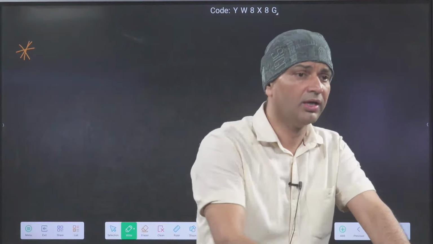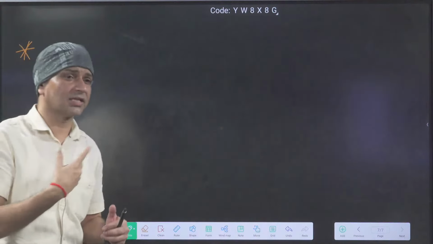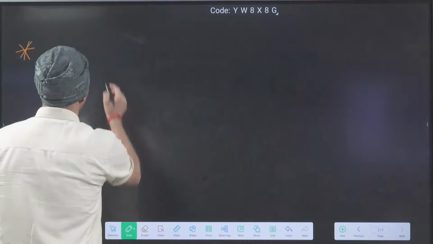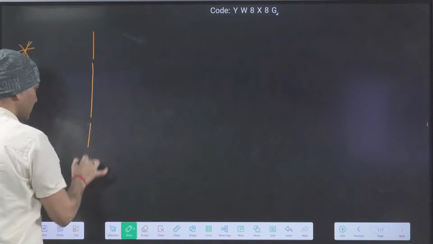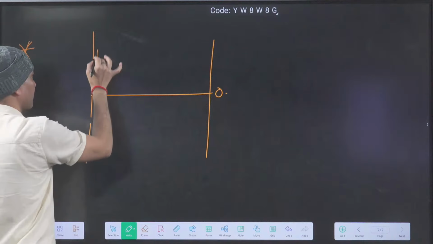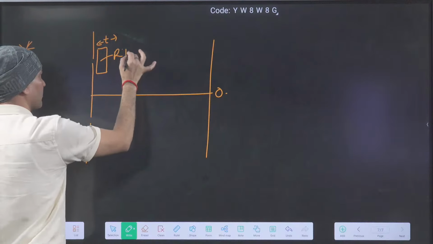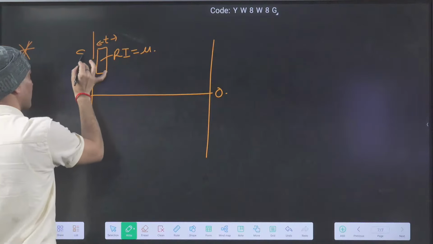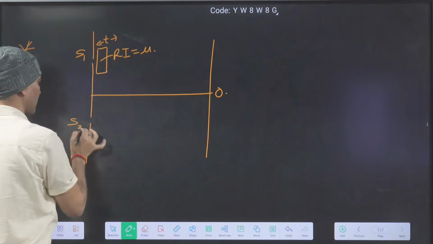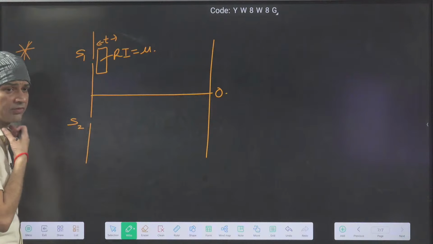Everybody got or not? Last topic that you have learned: introducing the slab in front of the slit. Suppose I have taken slits S1 and S2, and in front of S1 I am putting one slab of thickness T and refractive index mu.